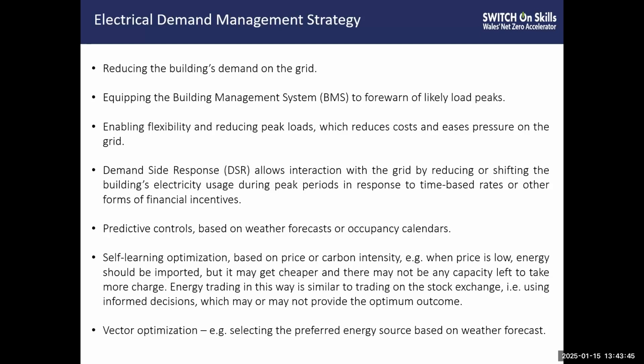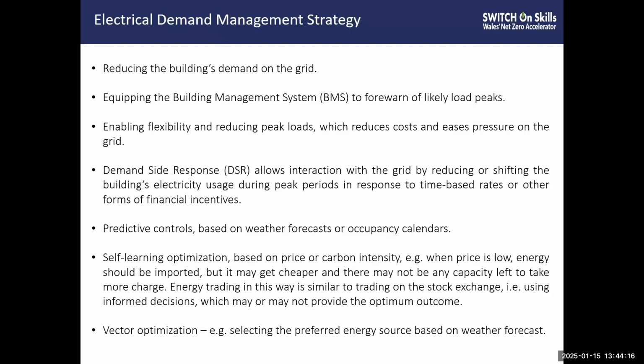So if you do very similar processes at certain times of day or certain times a month, then we can tell a system to give us a warning of that, and we can account for that then. We have things like enabling flexibility and reducing peak loads, therefore reducing the cost and easing pressure on the grid. This actually can create then business models which will allow for value creation.